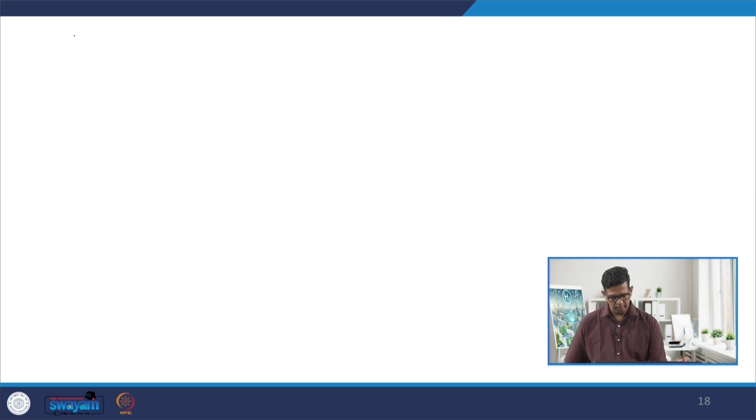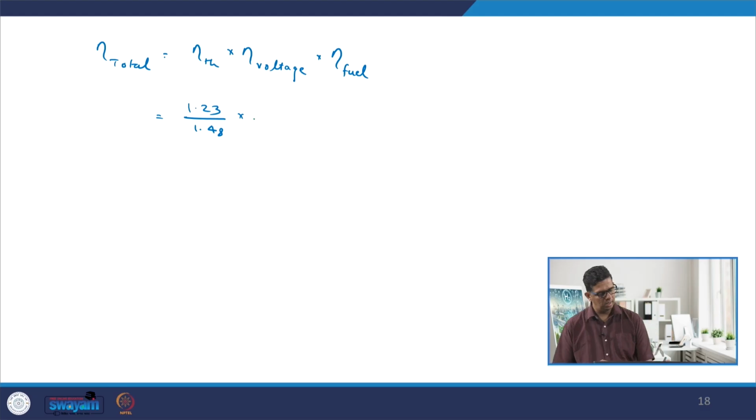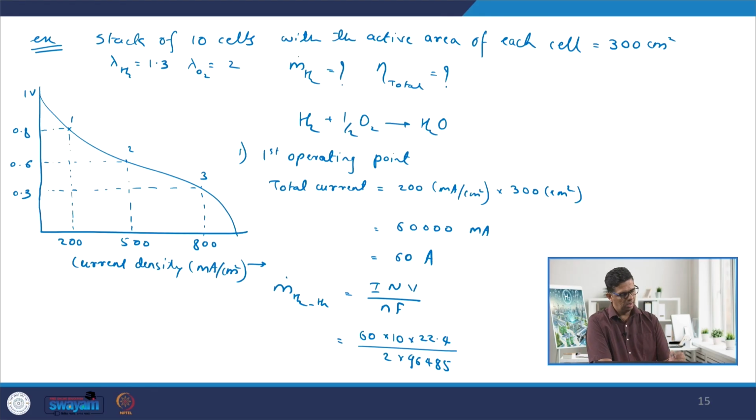So, for the third point we have operating potential as, sorry, I forgot to find out the efficiency. So, efficiency for the second point is again thermodynamic efficiency into the voltage efficiency into the fuel efficiency. So, let us substitute all the terms. This is 1.23 by 1.48. Voltage for the second operating point is 0.6 volt. So, we are talking about this operating point.